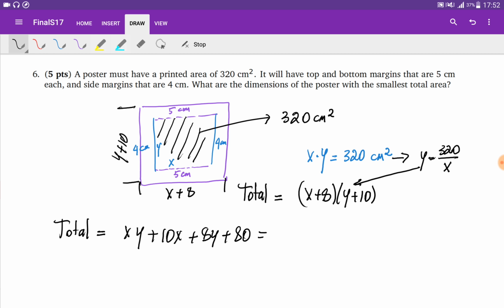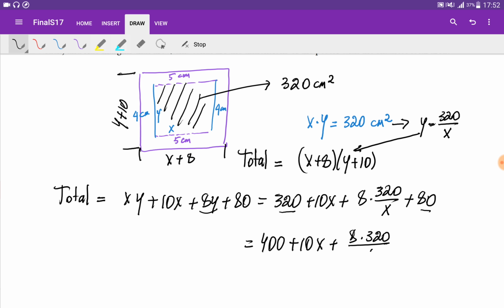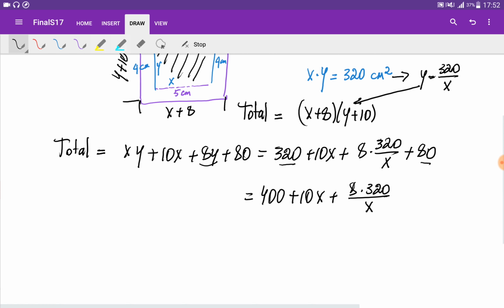So xy is equal to 320, that's given, plus 10x plus 8y, which is 8 multiplied by 320 divided by x, plus 80. So this is going to be equal to 400, 320 plus 80, plus 10x plus 8 multiplied by 320 divided by x. So this is the function of the total area, which depends only on x.